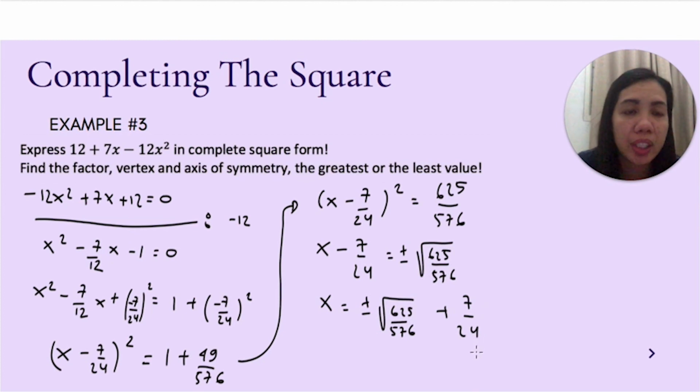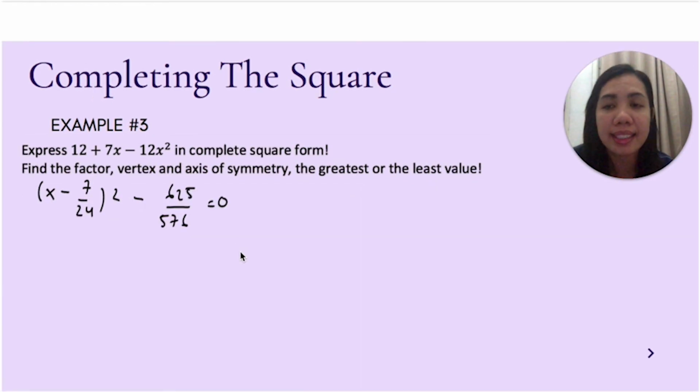This is the factor. There are two factors here: for the first factor, you take the positive sign here, and for the second factor, you take the negative sign here. So these are the factors of this quadratic expression. Okay guys, this is the perfect square expression or equation that we have got from completing the square. Okay, the next thing, we're going to find the vertex.